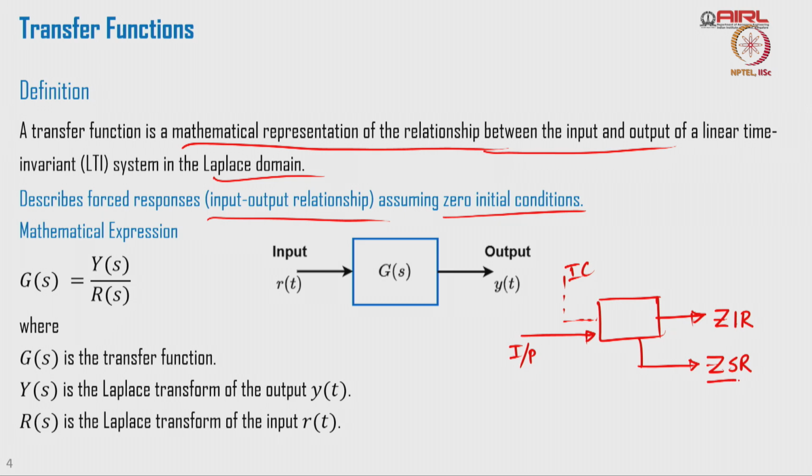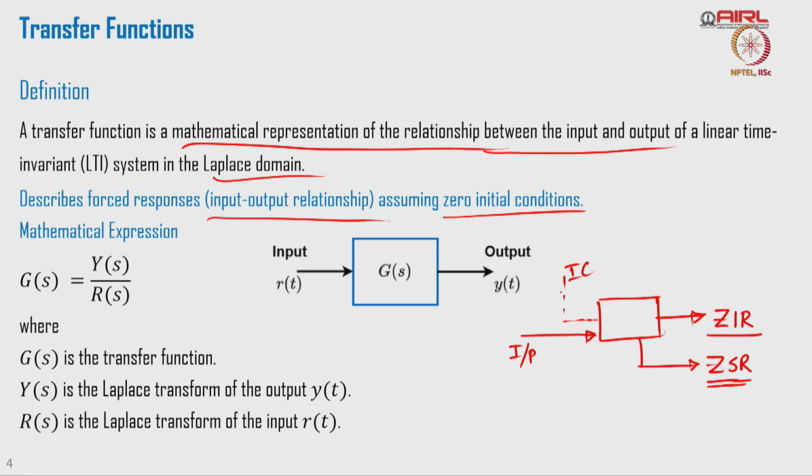So, it is called 0 state, that means the initial condition or the previous states are 0. So, when we check the response of the system in terms of initial condition, then the input or forced input is 0, that is why we call it 0 input response. If only input is playing the role and no control or no initial condition, then it is 0 state response. Okay. Fine.